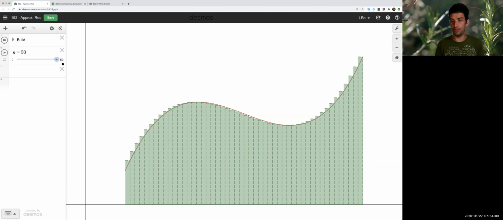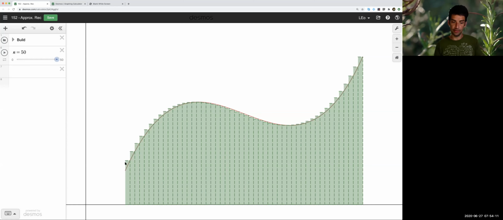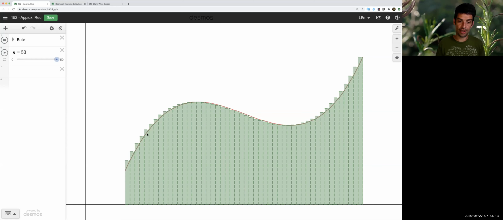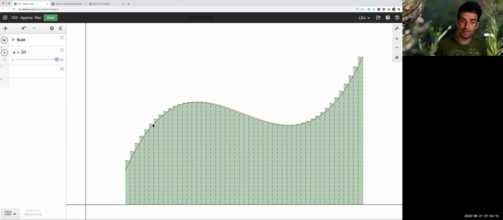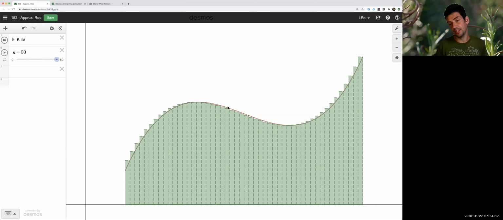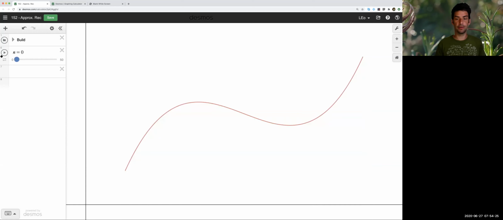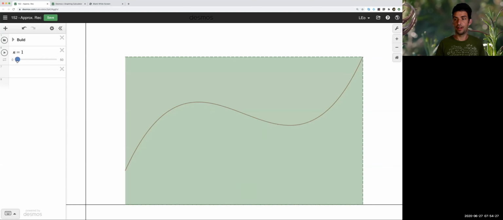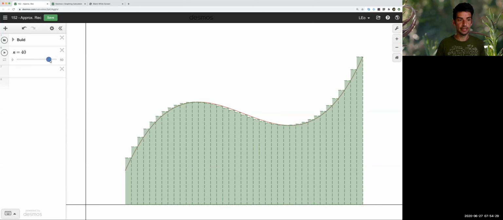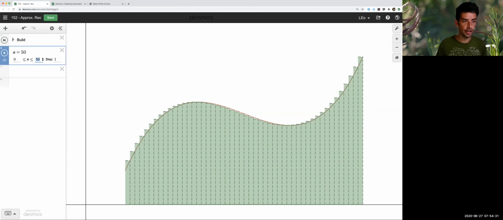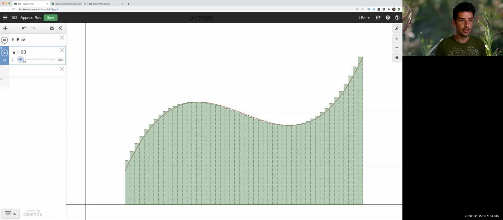So I've stopped at 50. If you notice along this left edge, we're getting these little extra pieces up above. In here, it looks like we're missing a little bit. We're getting a little extra here. So eyeballing it, this is still probably an over approximation, but a much better approximation than that first one. Let's see if we can go a little higher before we break the computer. Let's go up to 500 and see how it handles it.